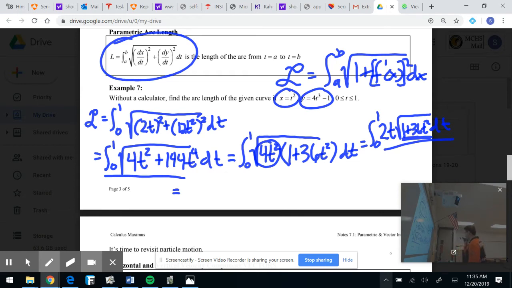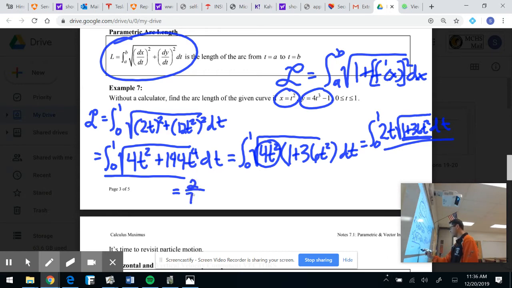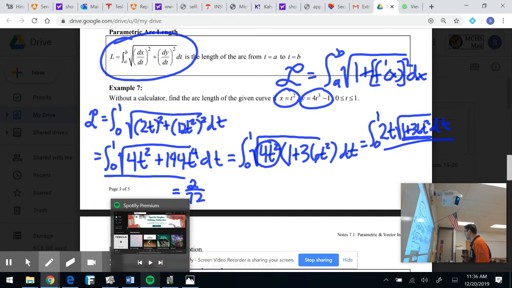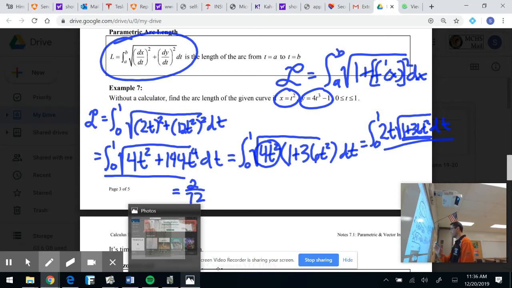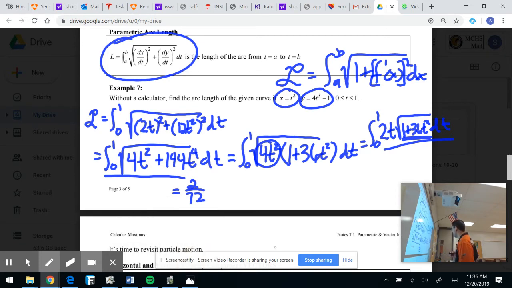And the derivative of that would be 72t. And the t's would cancel themselves out, so I would end up with a 2 over 72. I know that because if I did use sub, I would have to divide that 72 out. I'll keep that as my outside, 2 over 72, I can pull that out.